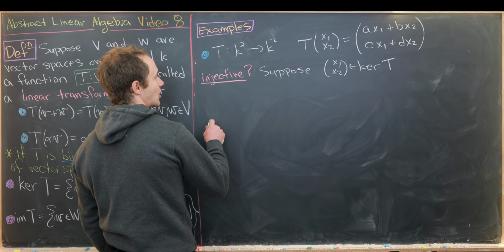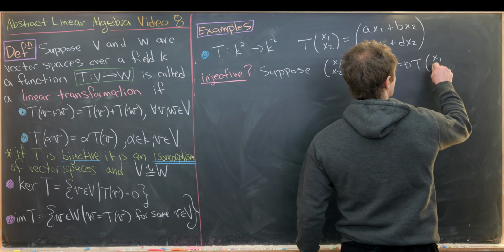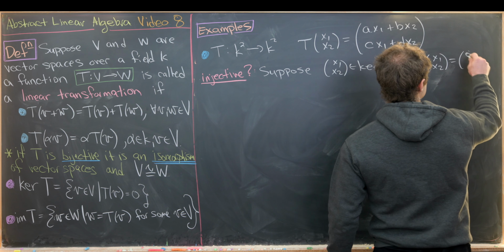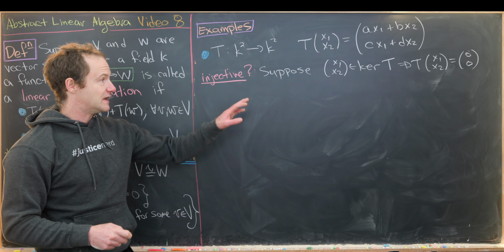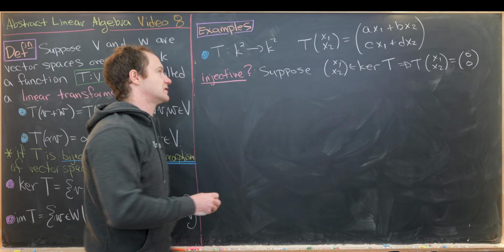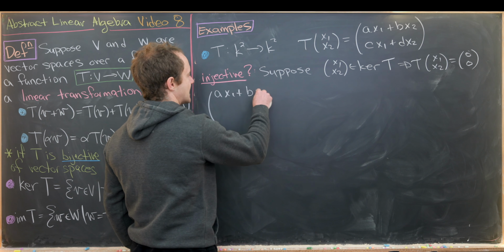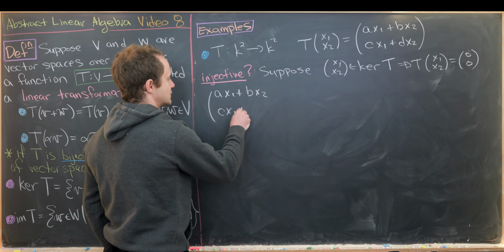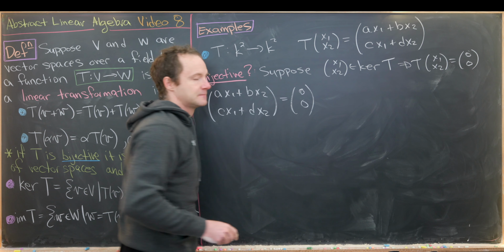Being in the kernel of T means that if we do T of (x1, x2), we should get the 0 vector. In this case, that's just (0, 0). But now using the rule for T, we get that (ax1 + bx2, cx1 + dx2) equals the 0 vector.